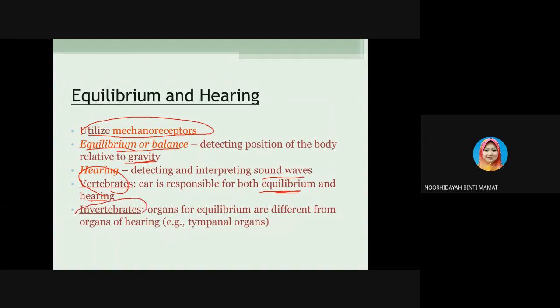While for invertebrate animals, the organs for equilibrium are different from the organs of hearing. For example, the tympanal organs are the organs for detecting sound.